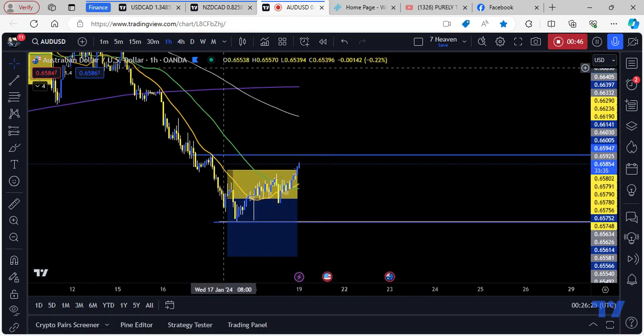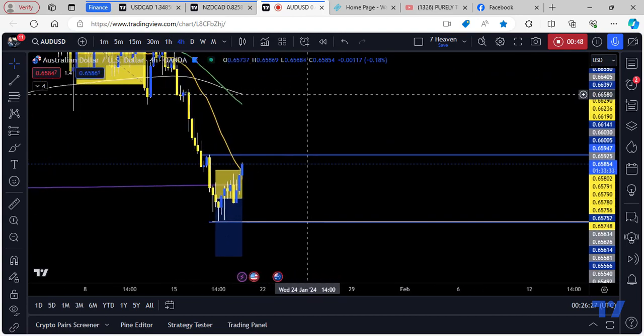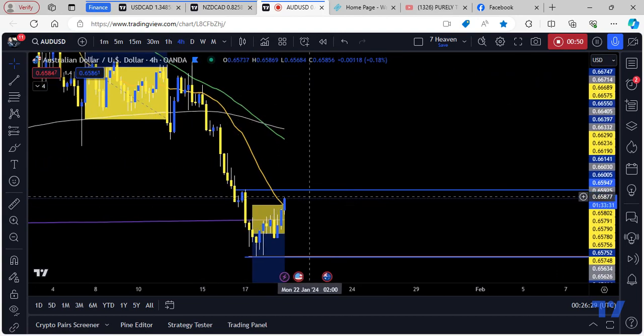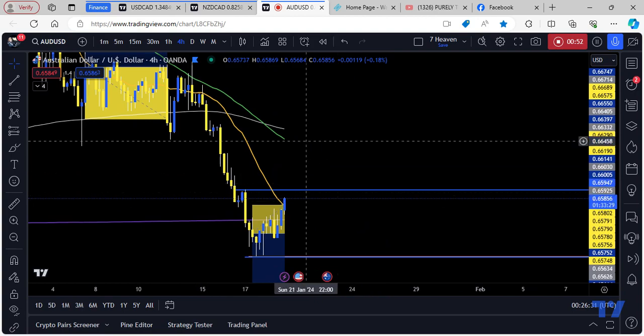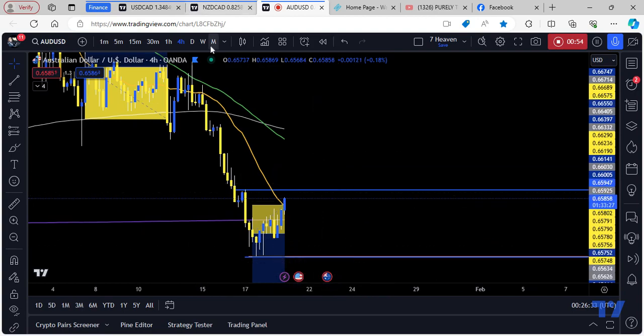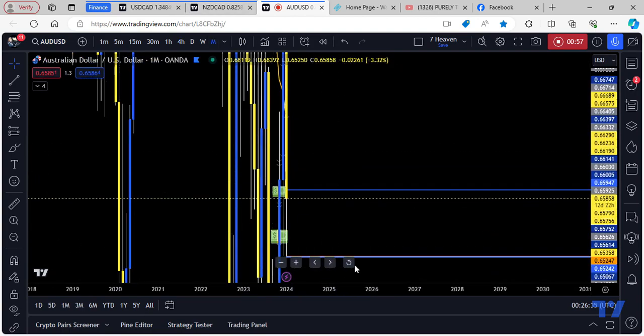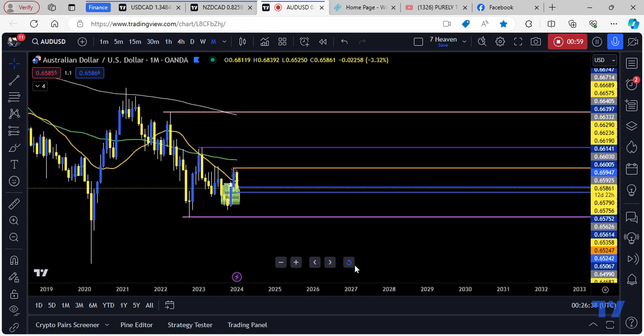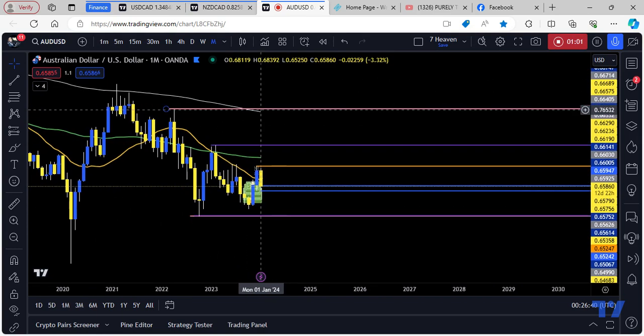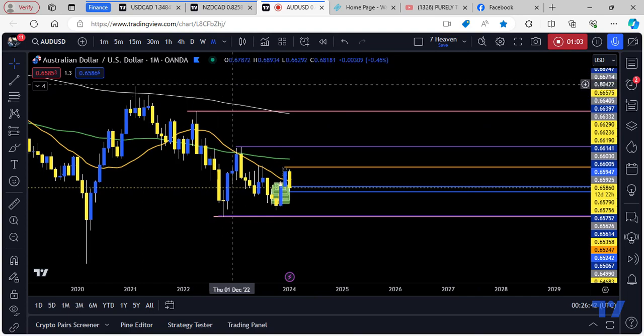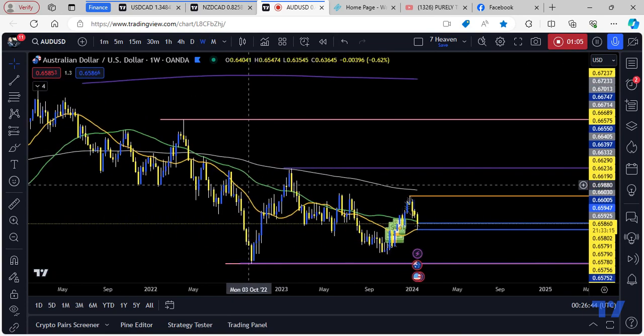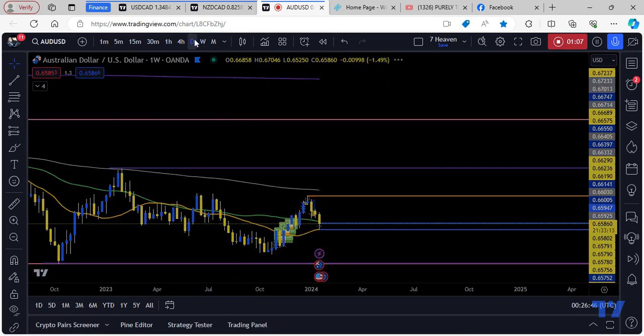So we're still in this 4 hour structure, the blue line. Let me do my thing here. Pink will always be monthly. Purple will always be the weekly.